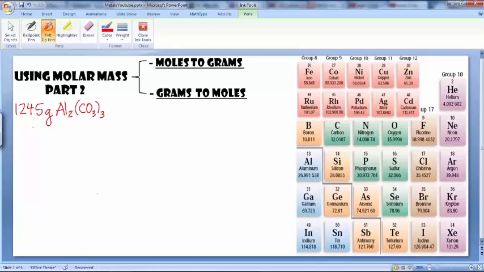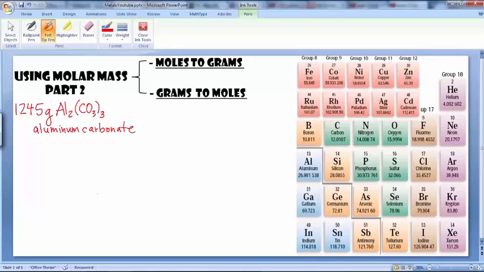And you recognize this ionic compound as being what? Aluminum. Is it aluminum 3? No, it's not aluminum 3 because this is an invariant metal, has only one oxidation state. So this is simply aluminum carbonate.